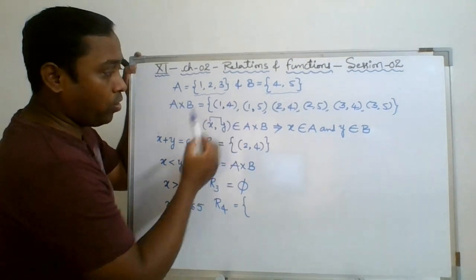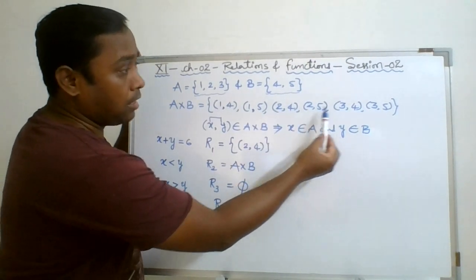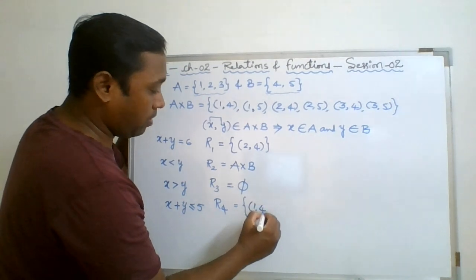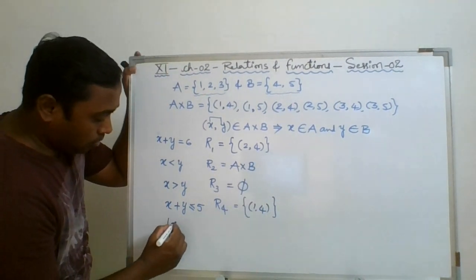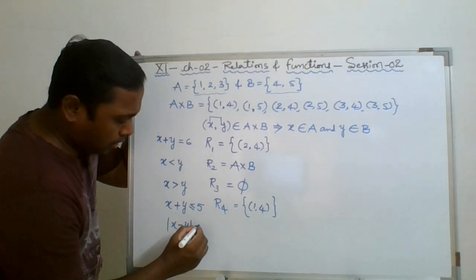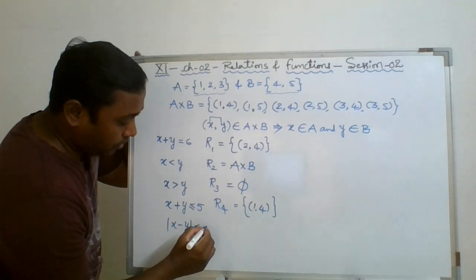So 1 plus 4 is less than or equal to 5, and none of the other ordered pairs satisfy it. So 1 comma 4 is counted here. And finally, the modulus value of x minus y is less than or equal to 7.